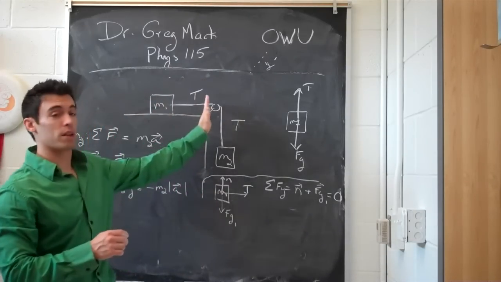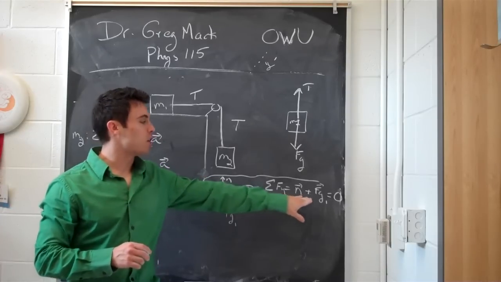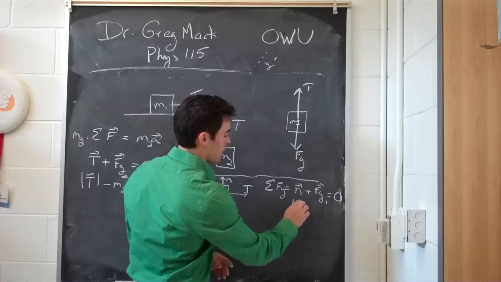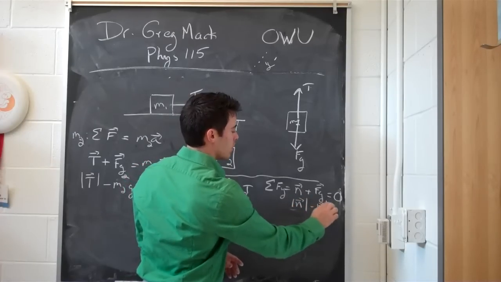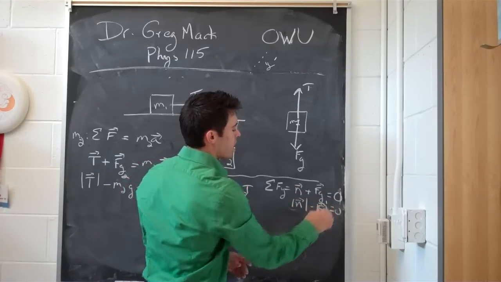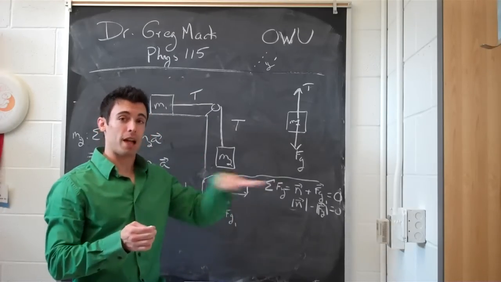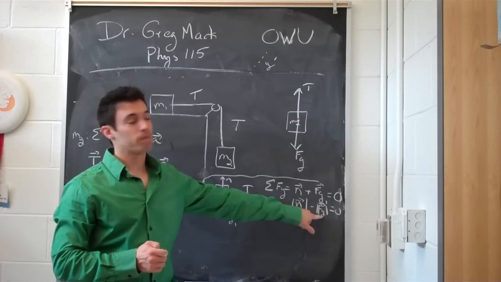It's just moving to the right. So this doesn't tell us any new information, but it does tell us that N equals the weight force. When you plug in the directions, N minus Fg is equal to 0, or N equals Fg. So the normal force, since it's a flat surface, is equal to the mass of the first block times the gravitational acceleration.